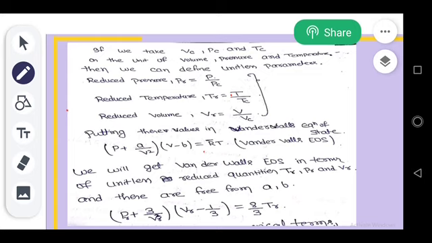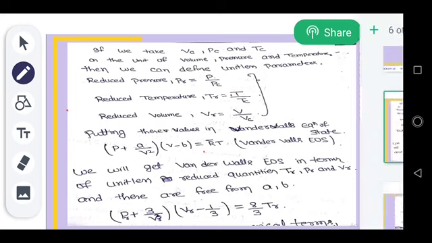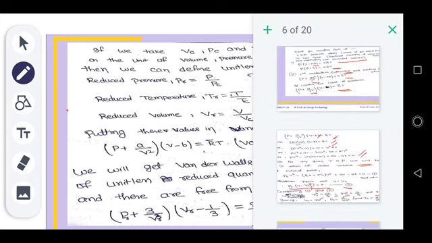So put this in the van der Waals equation of state, and we have already derived the values of critical parameters like Vc, Tc, and Pc, critical pressure, two or three slides ago.